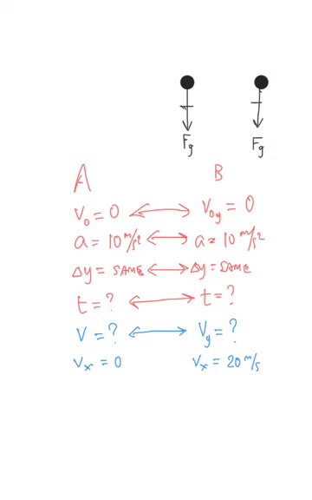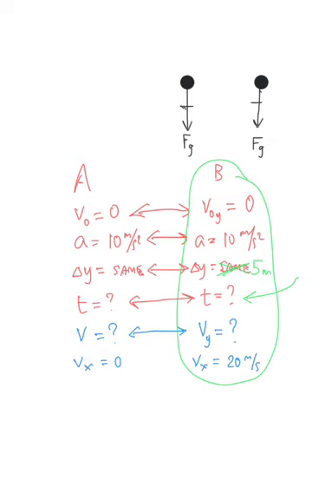So let's use what we have in this list so far for object B, and we know that the delta y, which is now given, is 5 meters. And we define downward as the positive direction, so I can make delta y a positive 5 meters. So using this will allow me to figure out how much time it takes to get to the ground.